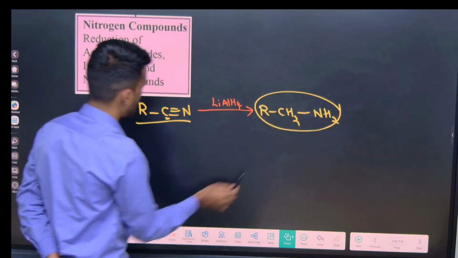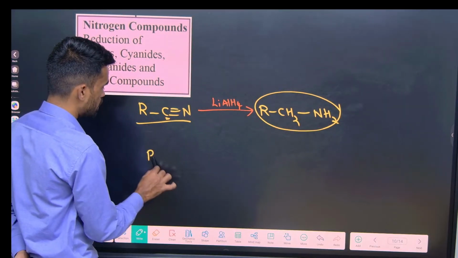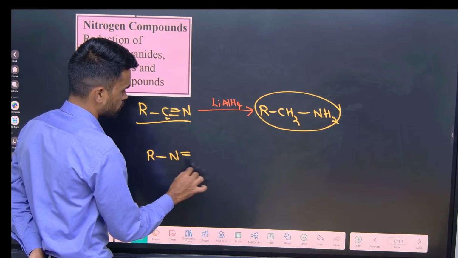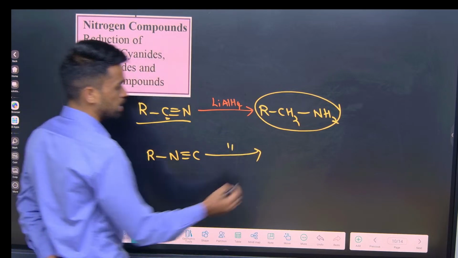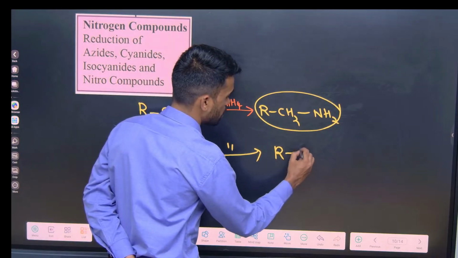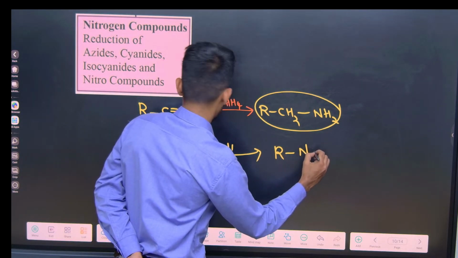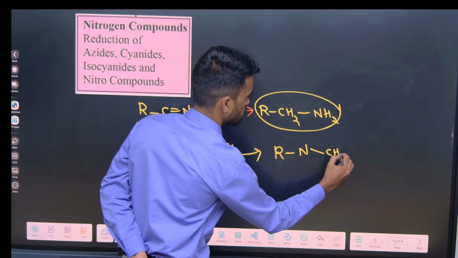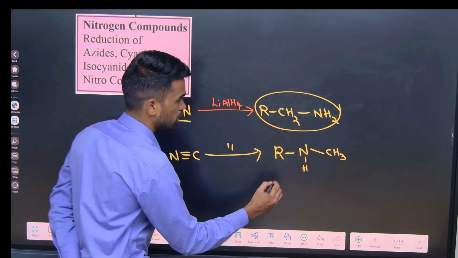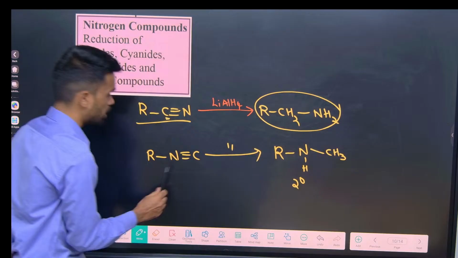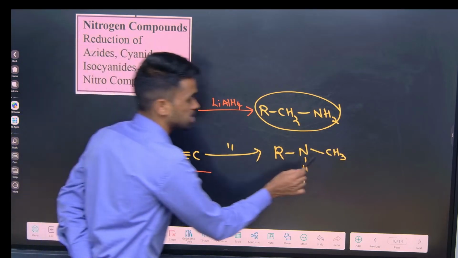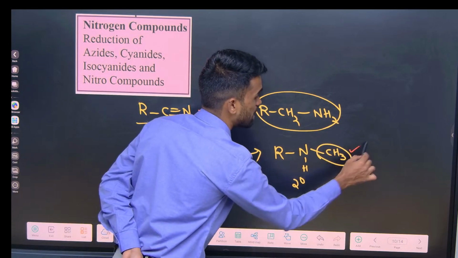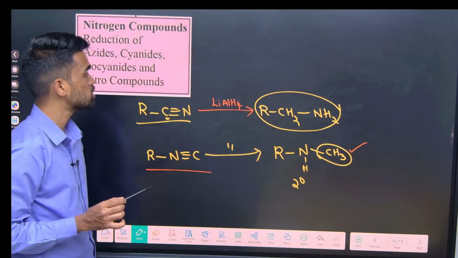What if I take alkyl isocyanides like R-N-C? The same reduction gives secondary amines like R-NH-CH3. So you need to remember that whenever you reduce isocyanides, one terminal has a methyl group attached. A secondary amine is produced.